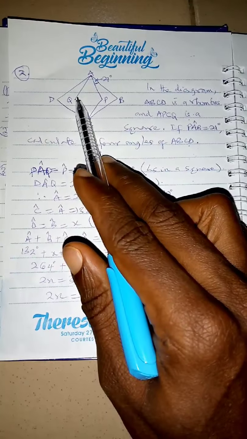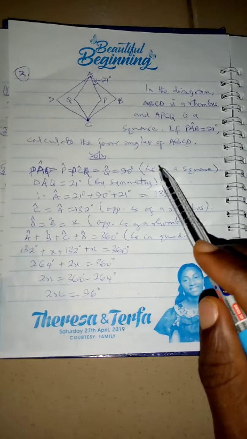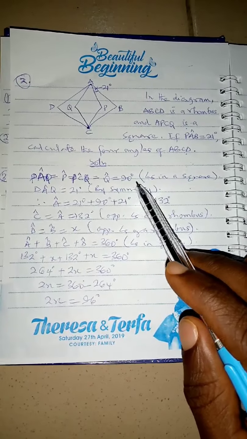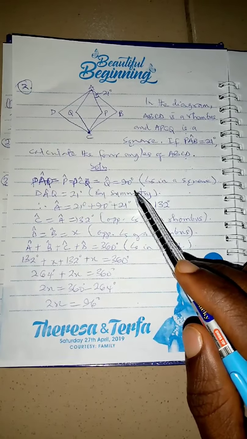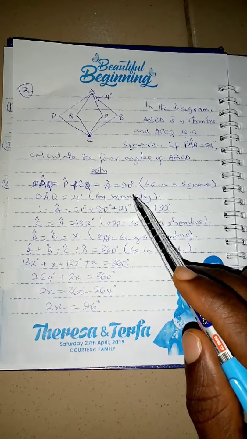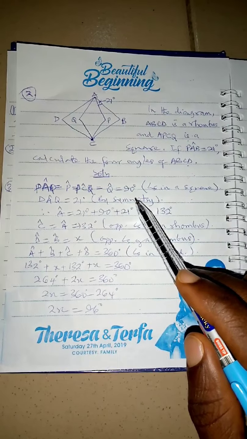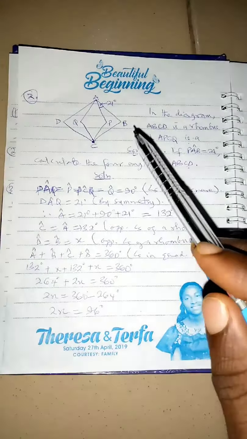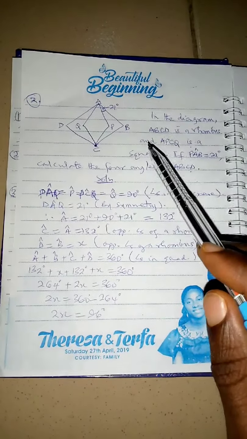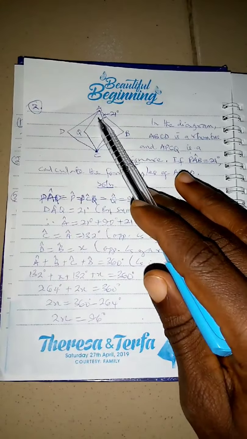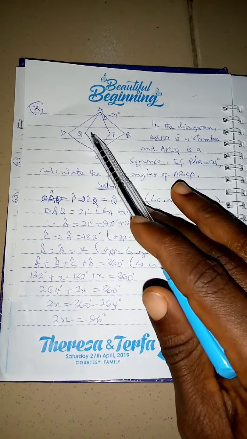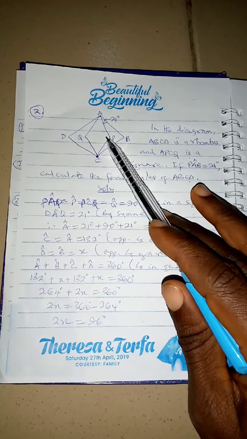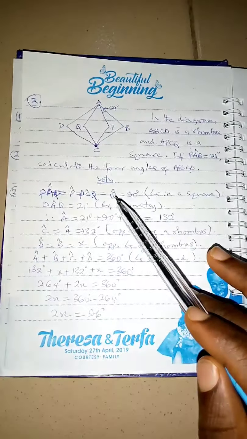And is the same as this angle here, which is Q. All these angles will be 90 degrees each. Why? When you go to your square, you will see all the four angles are 90 degrees. When you see a square, the angles inside the square are right angles, 90 degrees in four places. So this angle here is 90, this one is 90, this one is 90, this one is 90.